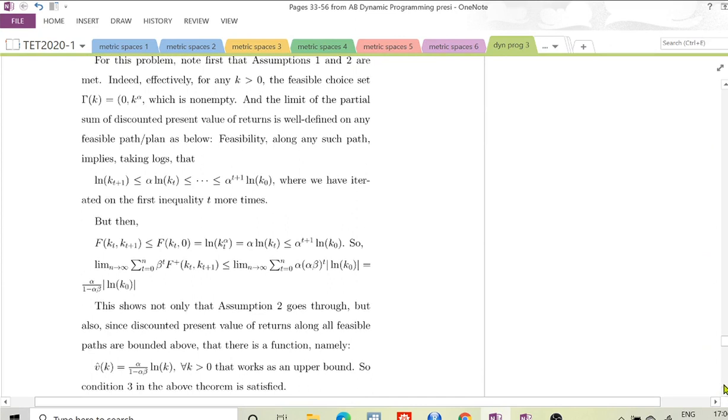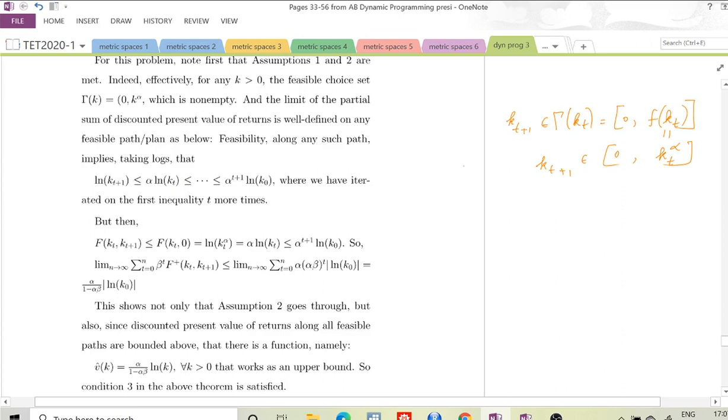But notice that the feasible states k_{t+1} are all states in this closed interval, from 0 to the full output f of k_t. But this full output is k_t to the alpha. So every k_{t+1} must be here, and therefore, log of k_{t+1} must be less than or equal to alpha log k_t.